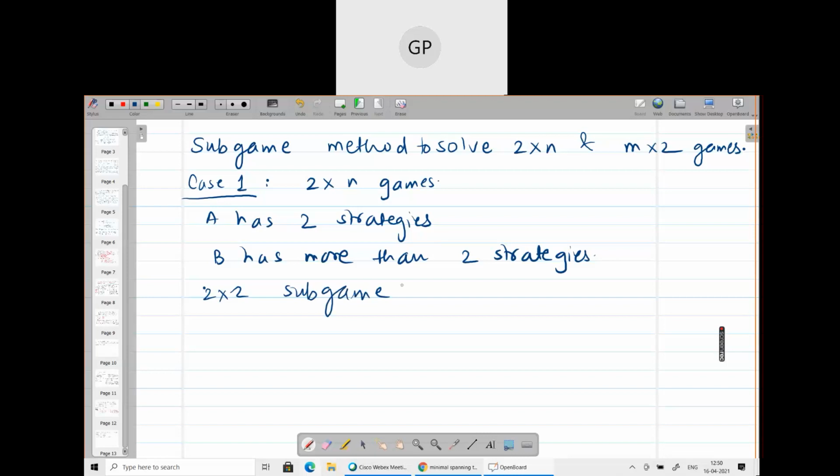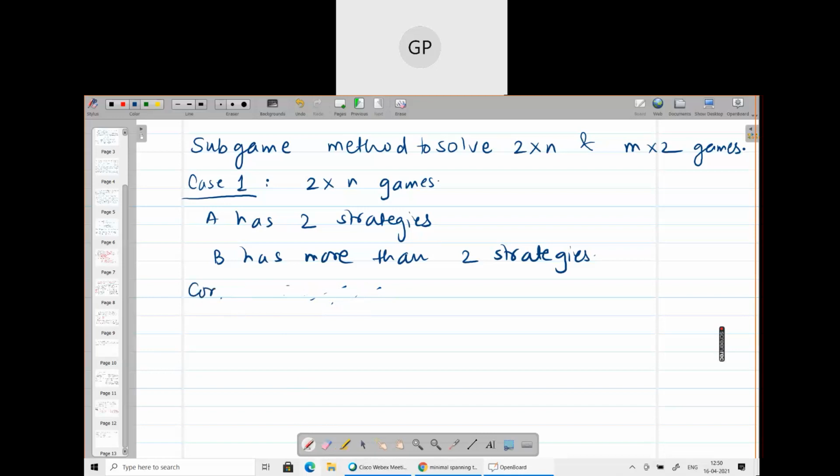B has more strategies, B has more scope for minimization, so we will consider that game or those strategies for which the value of the game is minimum among all sub-games. It's not very big theory, I told you.